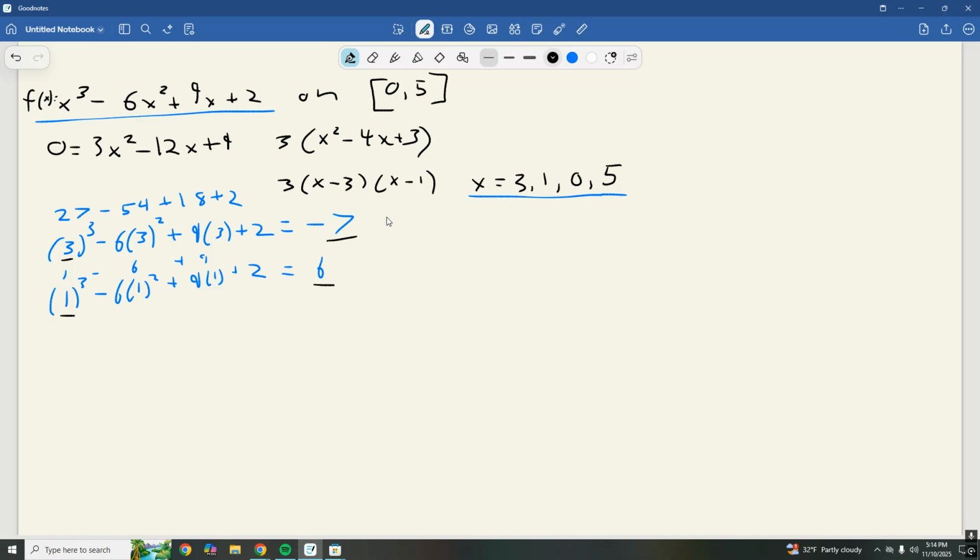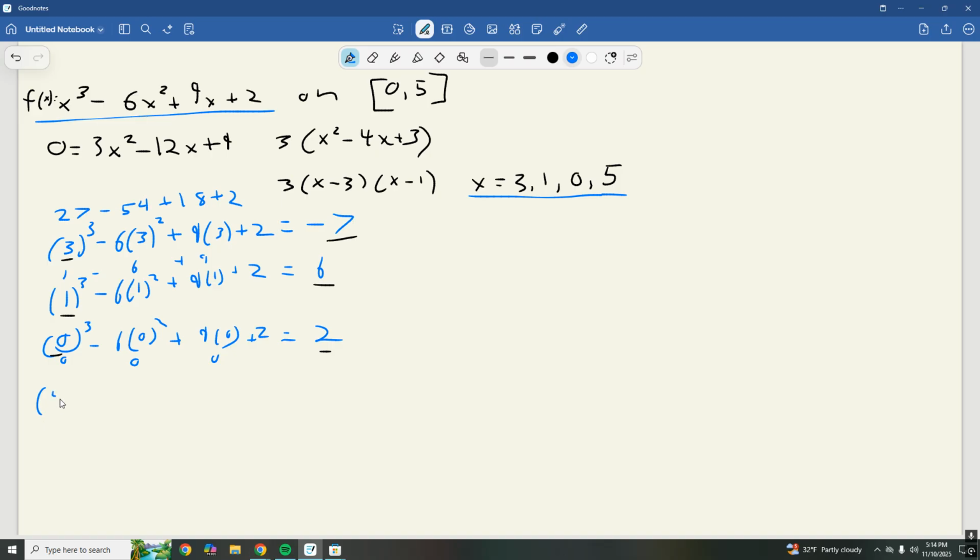So 1 is at 6. Now we move on to 0. So we have 0 minus 0 plus 0 plus 2 equals 2. So 0 at 2.